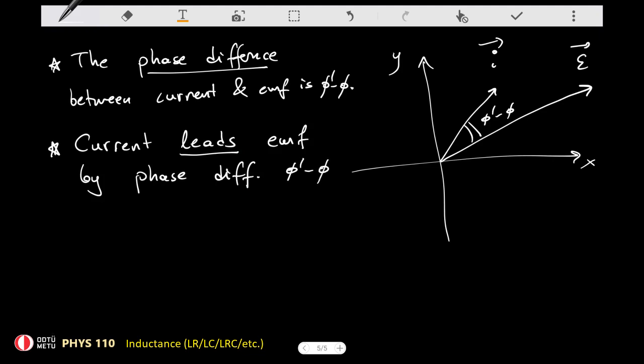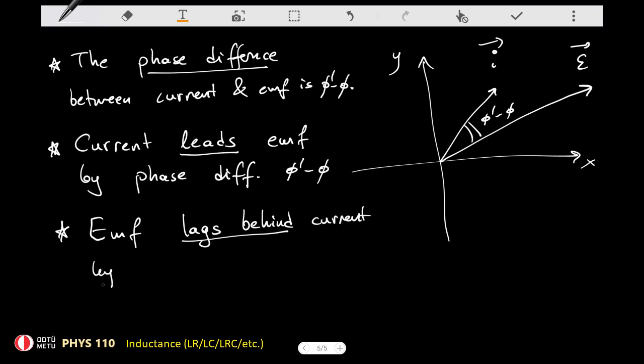We say that the current leads EMF, or we say that the EMF lags behind, or just lags current, again by phase difference phi prime minus phi, right?